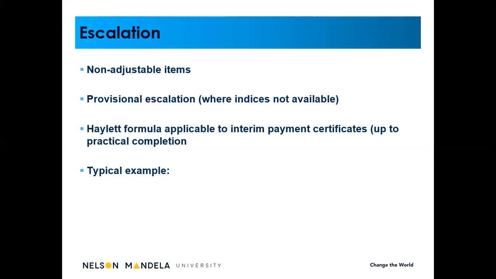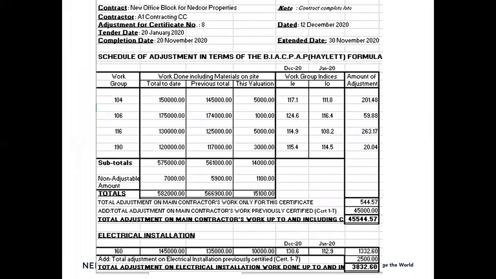If we look at a typical example of an escalation certificate, you'll note that all the detail, the contract reference, who the contractor is, etc., is standard. And in this particular example, you'll see that we are preparing certificate number 8.